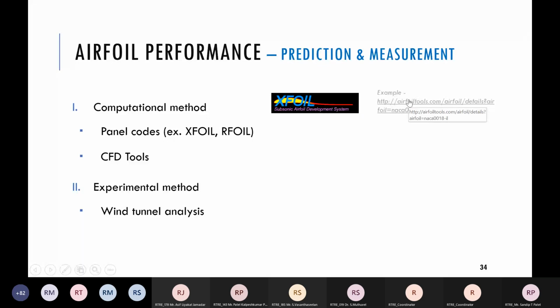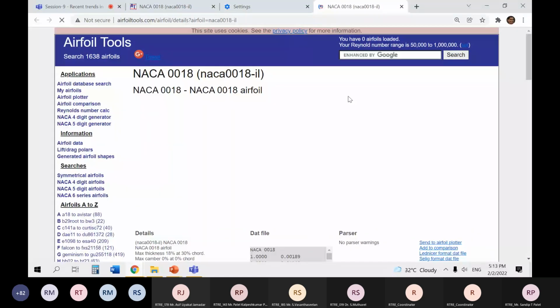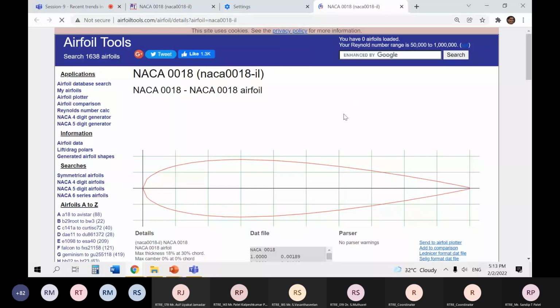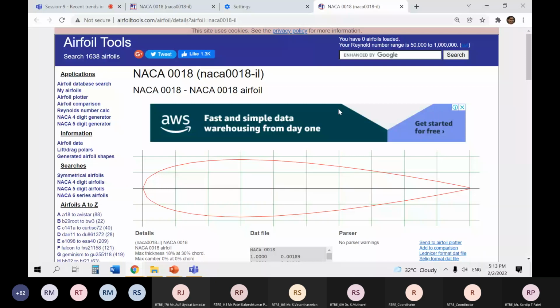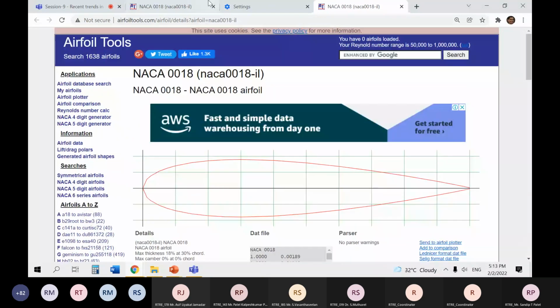There are some tools also available which directly use that Xfoil code. So this is one of the great websites in which you can find the majority of airfoil data as well as the performance, because they have incorporated Xfoil code into it. So in a single click you can have all the performance parameters.